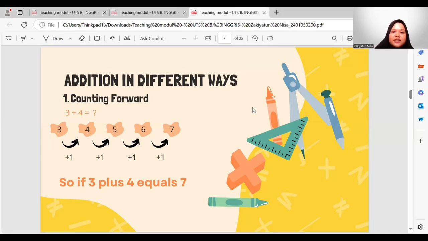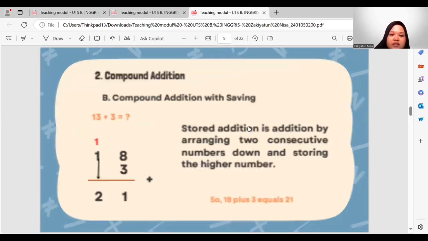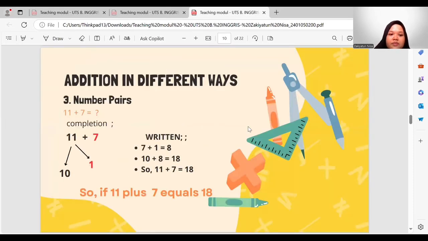Entering the first material, namely addition in various ways. This material is divided into three parts, namely counting forward. Second, stacking addition, divided again into stacking addition without carrying and stacking addition with carrying. And number three is number pairs.